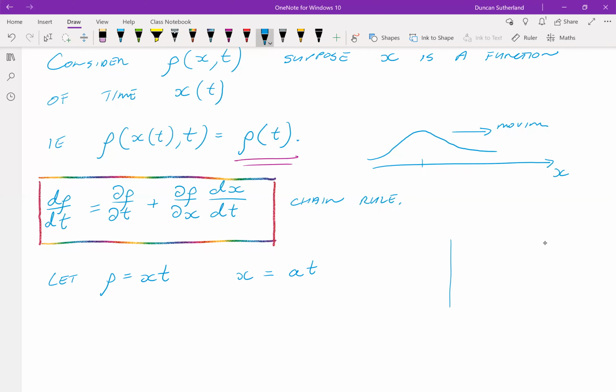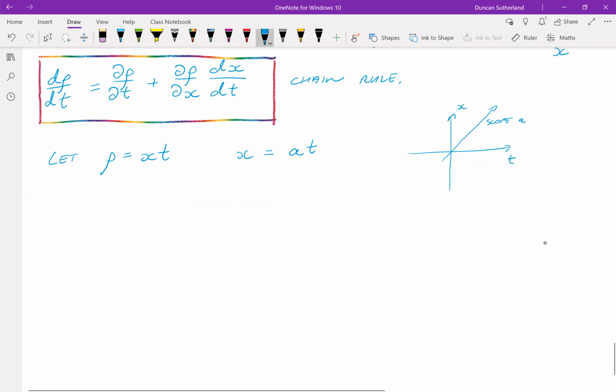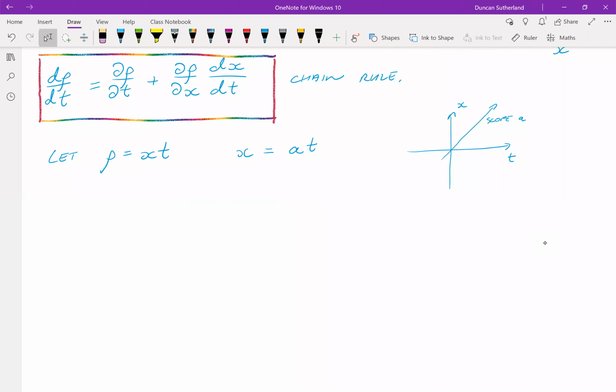So if you like, you can think about x following this line here, where the slope is this constant value a. All right. Let's use the chain rule firstly to evaluate d rho dt.